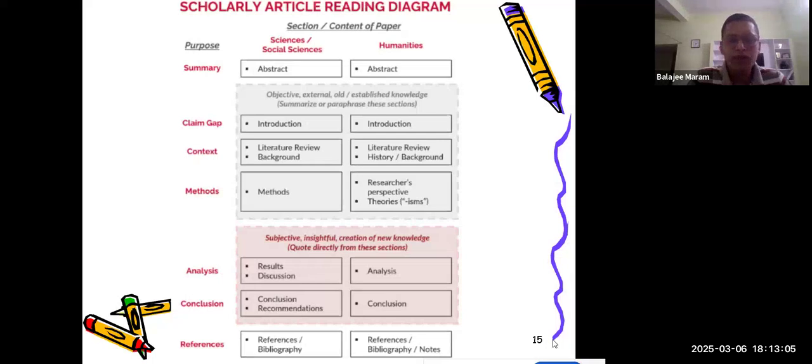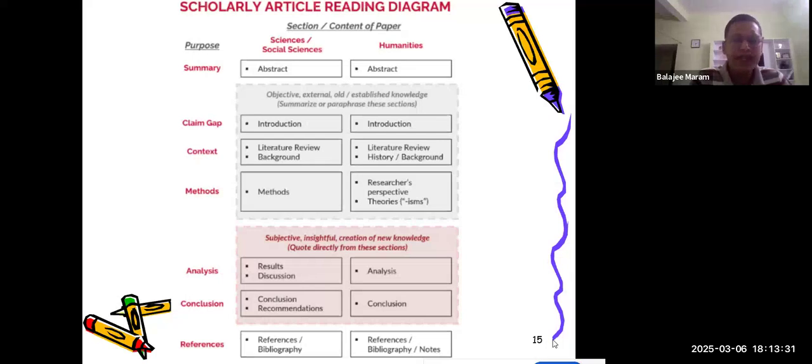In the sciences part, there is a need of methodology, which means we need to propose some methodology, some innovative process or procedure. That is called methodology. Whereas a humanities paper may contain some researchers' perspective and some theories only. That is the difference between the sciences paper and the humanities paper.